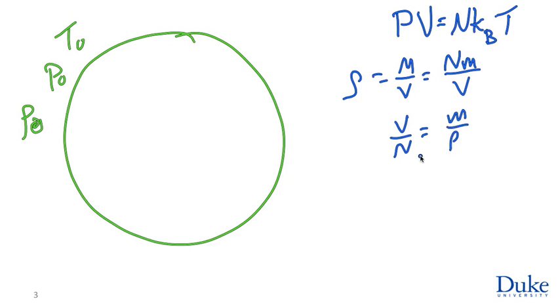And so, putting that into that equation, I find that P is equal to (rho/m) times k_B times T. Okay, this is a version of the equation of state that I can use.